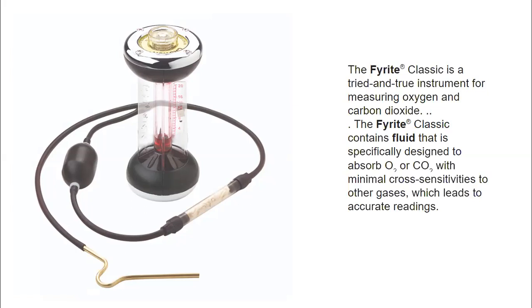That it contains chemicals, okay, and those chemicals would absorb the gases, and you can just turn it upside down, and by using this, you can take in the flue gas sample and measure it by the volumetric method. You can tell how much is the oxygen and how much is the carbon dioxide. Okay. So this gives a reading which is accurate, and it is very simple, and it is not costly.